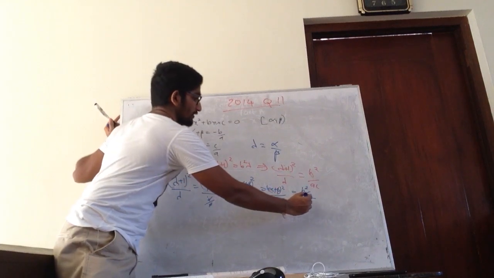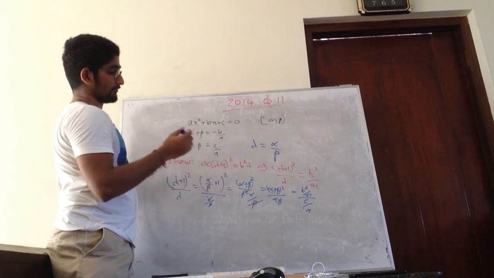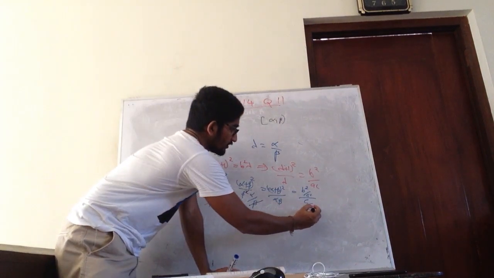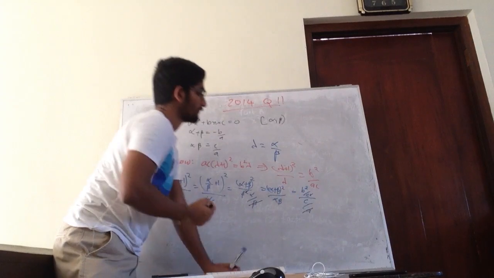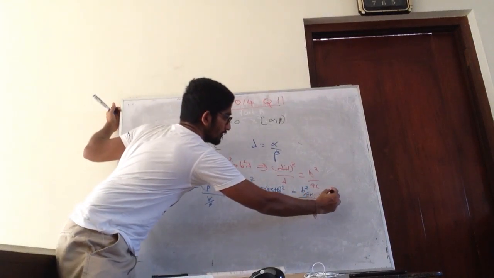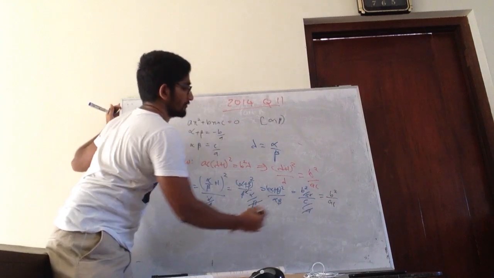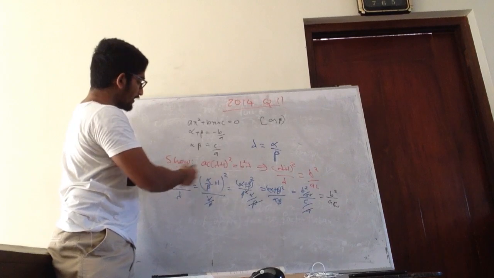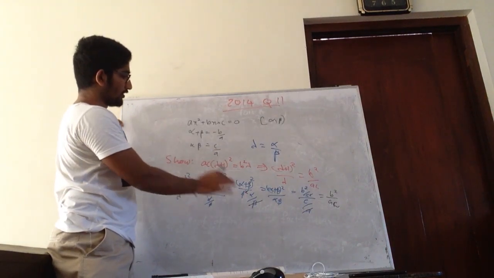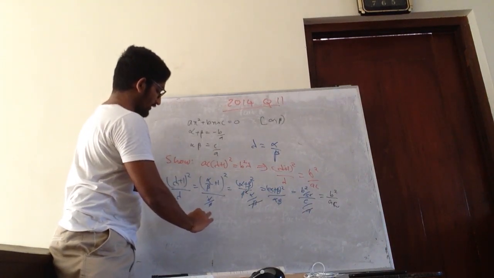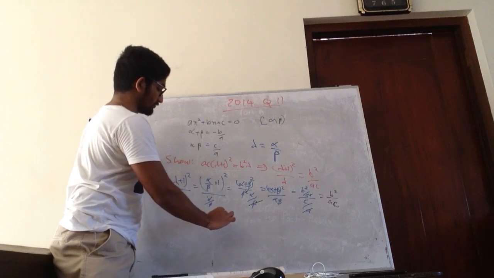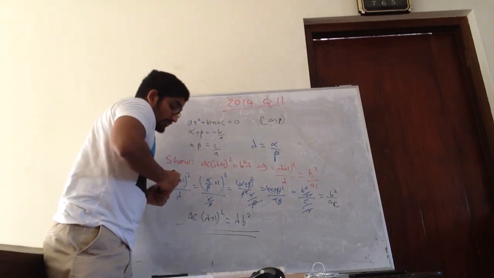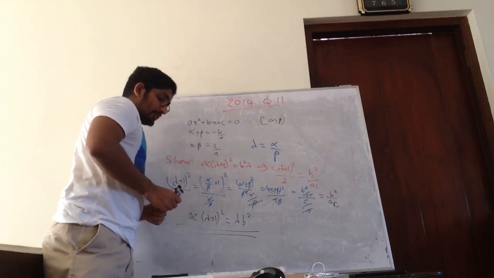And alpha beta is c over a. Now one of the a's gets cancelled off, then you will get b squared over ac. Then you can cross multiply and get ac(lambda plus 1) squared equals lambda b squared. So that is what they are asking.